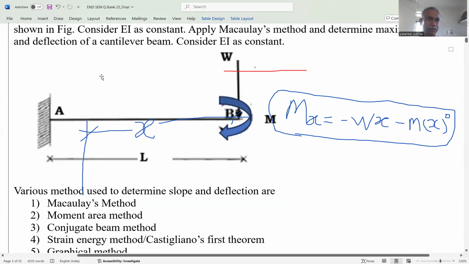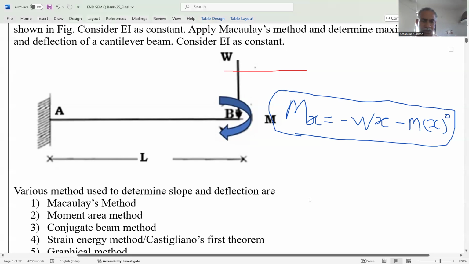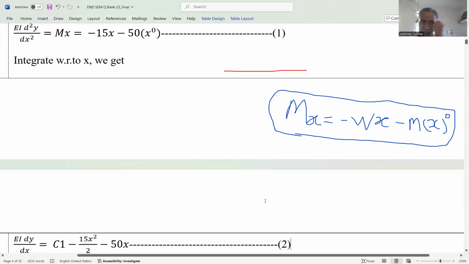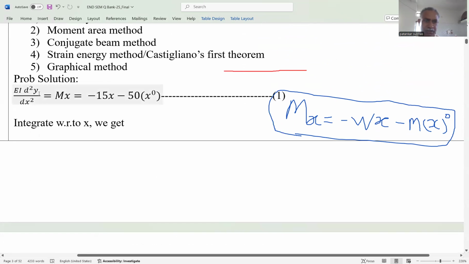For this double integration method, this is the equation. EI d²y/dx² = Mx.